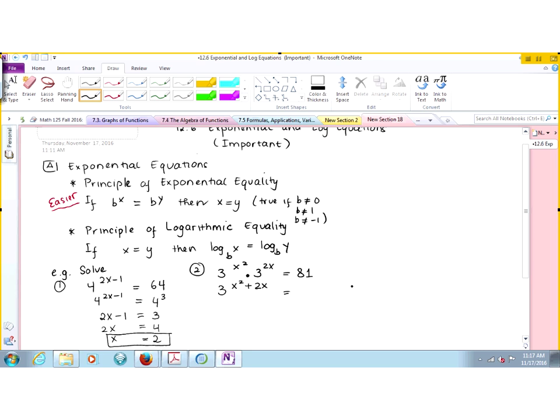Now my question is, can I write 81 and 3 using the same base? Yes, 81 is 3 to the 4th. Then the bases are equal, so the exponents must be equal also. So x squared plus 2x is equal to 4. We can solve this, can we?